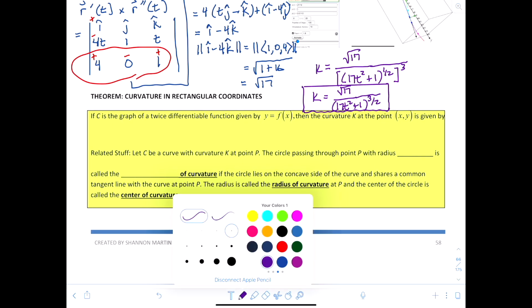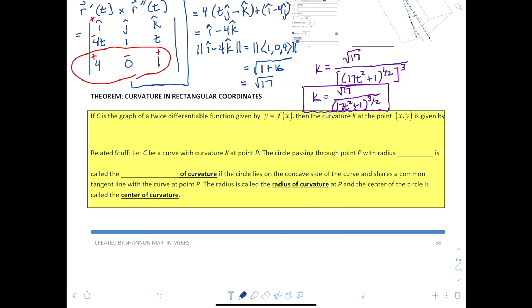All right, so next up we have, if C is the graph of a twice differentiable function given by y equals f of x, then the curvature k at the point (x, y) is given by k equals the absolute value of y double prime divided by 1 plus y prime squared, that quantity raised to the 3/2.